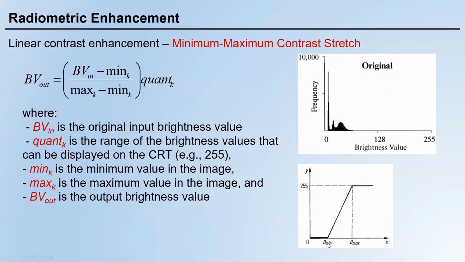You can see here is B min, here is B max. So you can say the dynamic range of this original image is very narrow. It's between B min and B max.